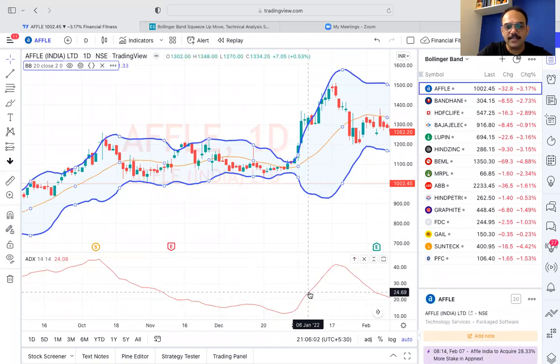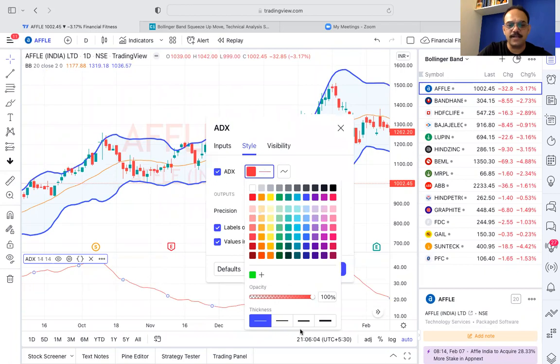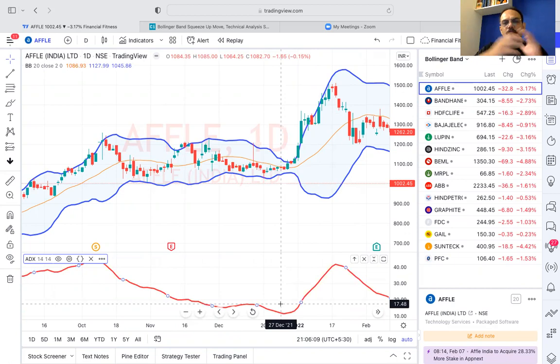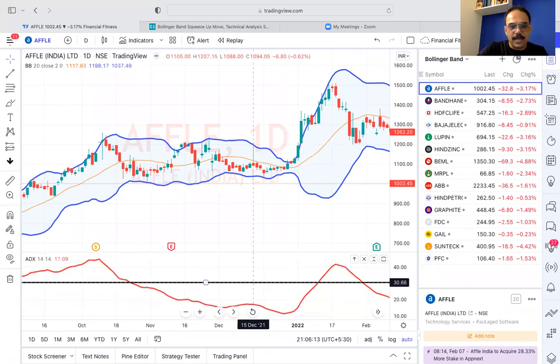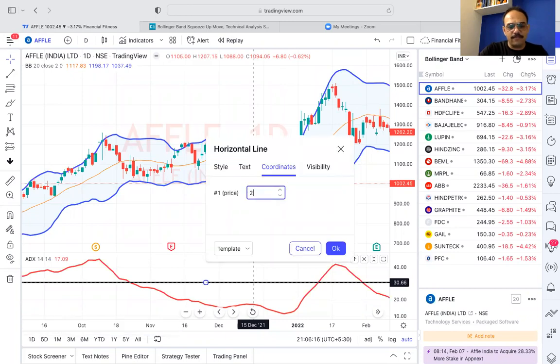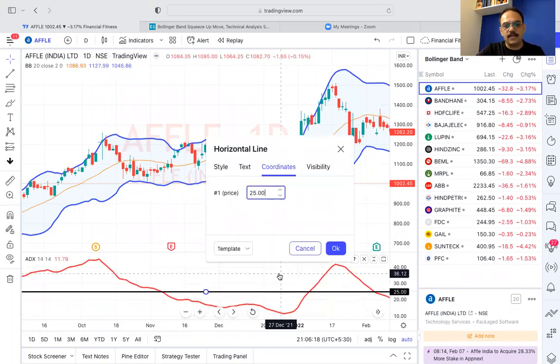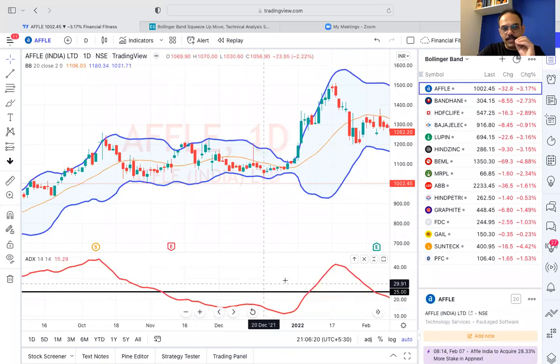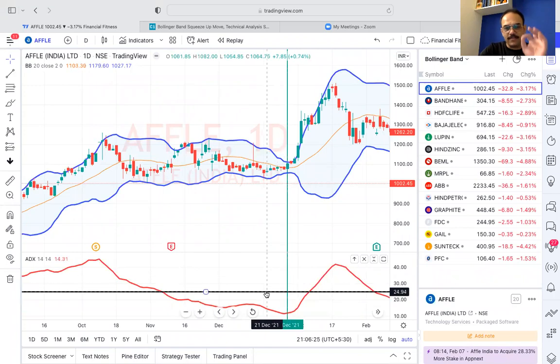So this is the ADX line. I'll just increase the width for more clarity. We have ADX below 25. If I draw a line at 25, can we all observe that from here to almost till this point, the ADX is below the 25 level for the last 30 days, more than 30 days.